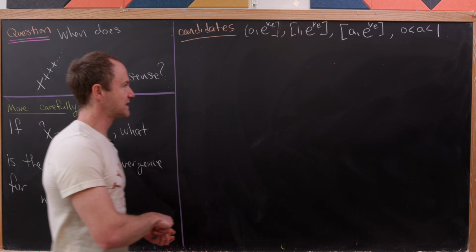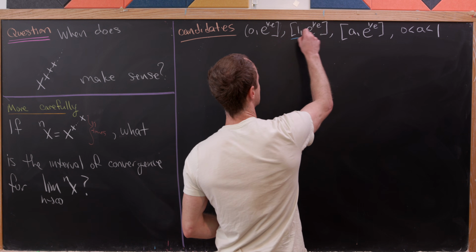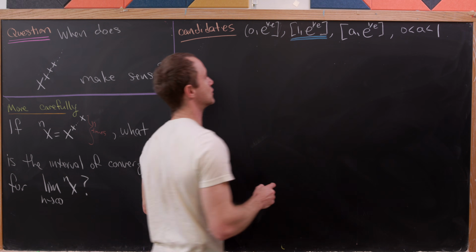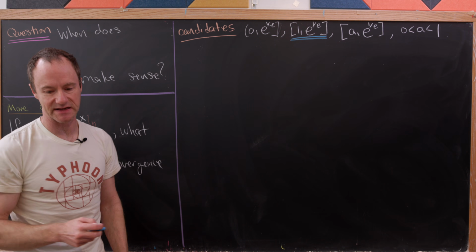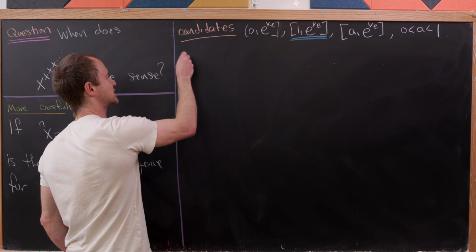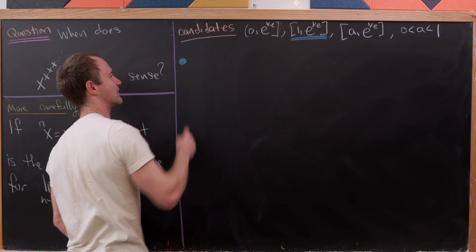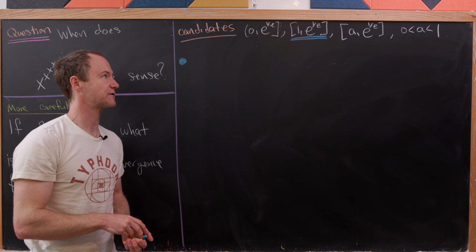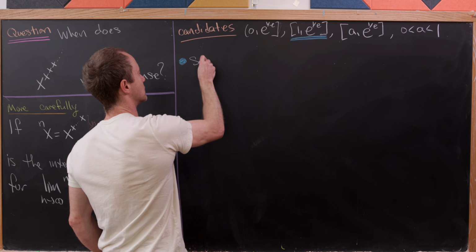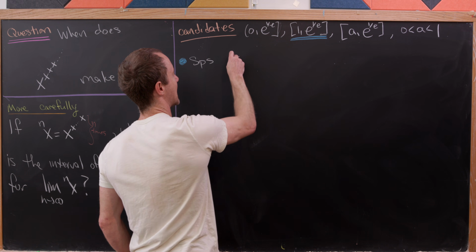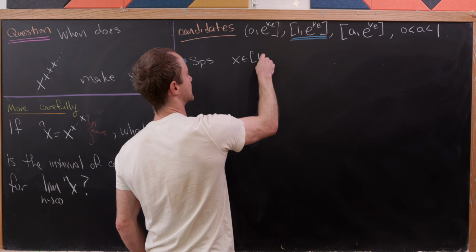Okay, so let's look at this interval in the middle. Notice that that is the most restrictive interval. The two other intervals contain that as a subinterval. So let's make sure that we do have convergence on the interval from 1 to e to the 1 over e. Let's suppose that x is on that interval.